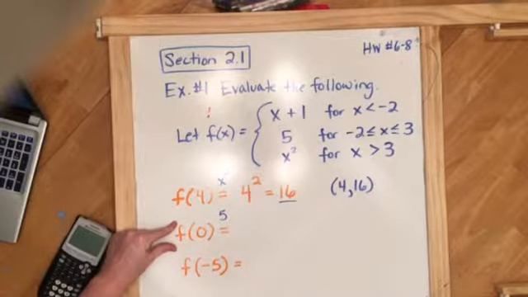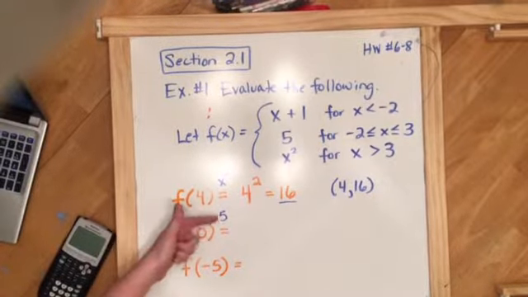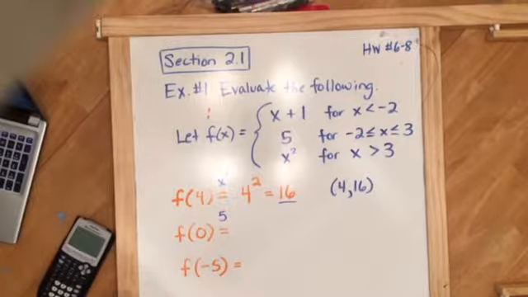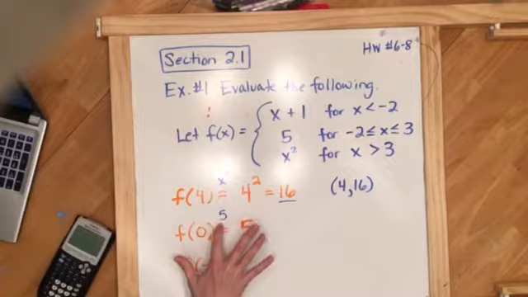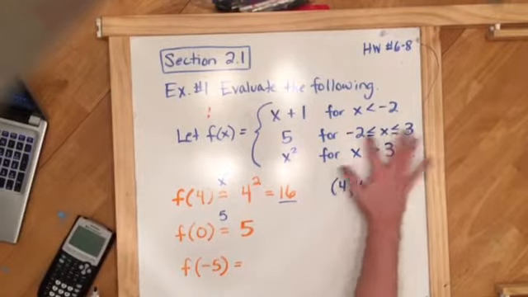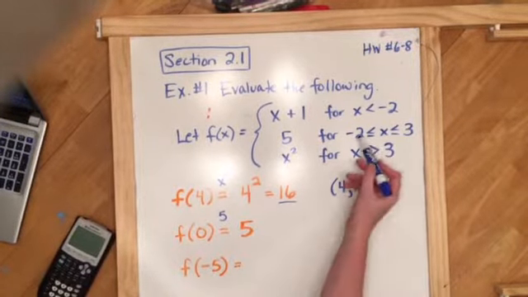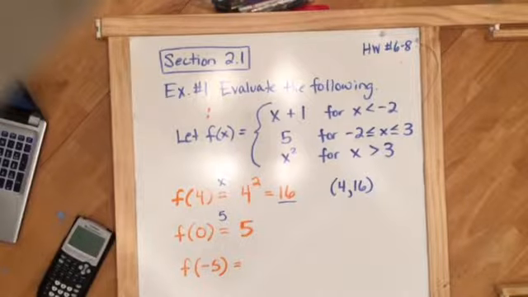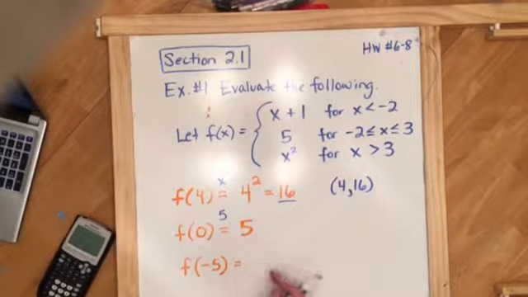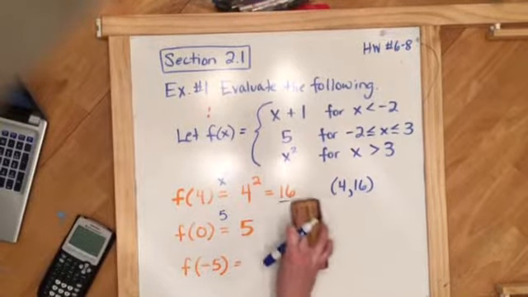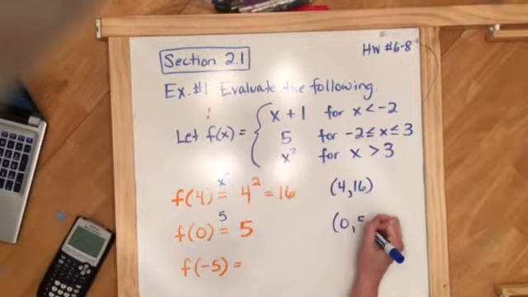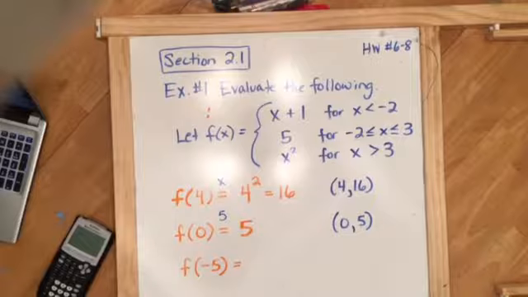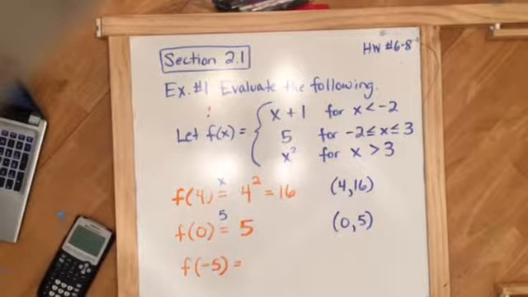So when we solve this, f of 0 is just equal to 5. There's nowhere to plug it in. This is a constant for all of these values. Anywhere from -2 to 3 is simply 5. So again, we have our input, output: 0 and 5. And again, I'm going to note that on another board for later.